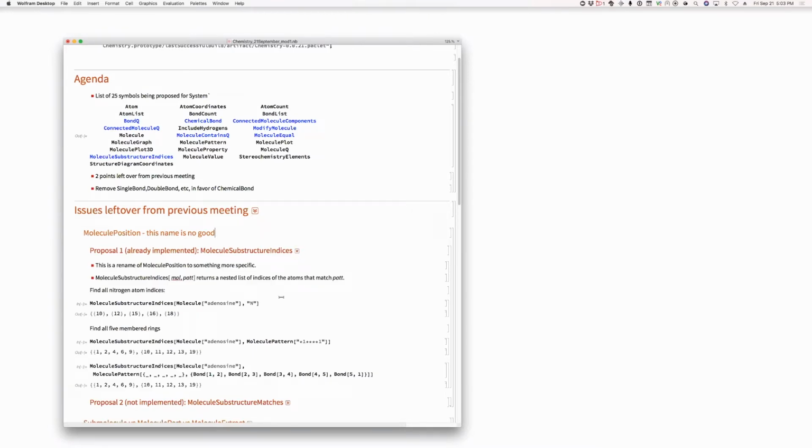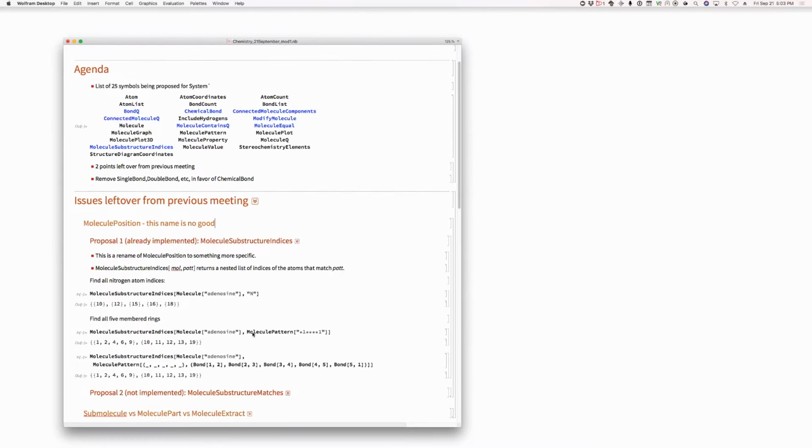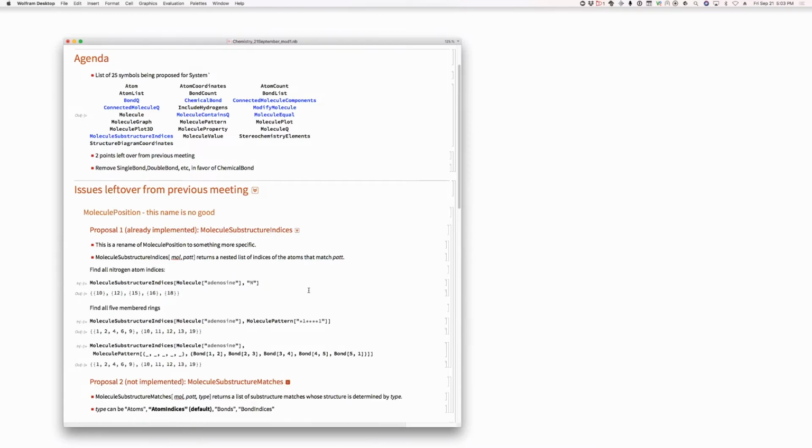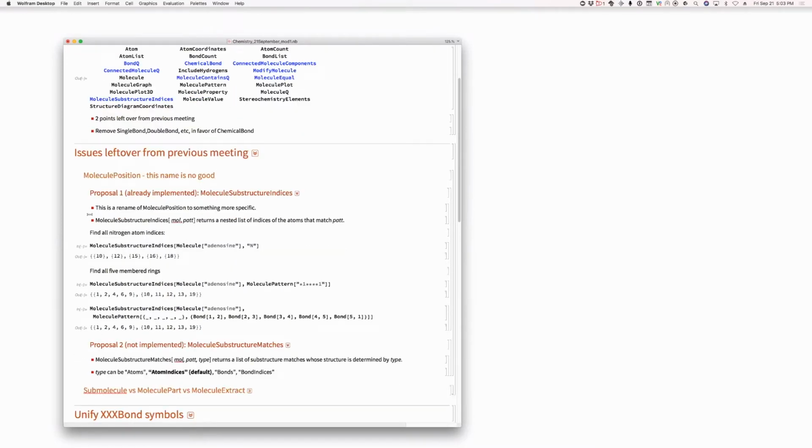Okay, so you have a proposal. Molecule substructure indices. Well, certainly having something more specific is a good idea. A nested list of indices of the atoms that match PAT. Okay, so this is in the adenosine molecule. Where are the nitrogens?